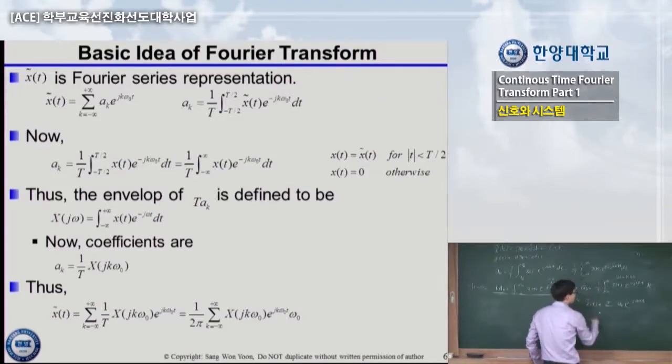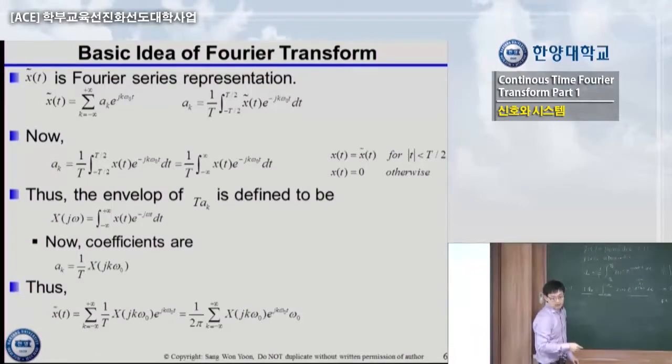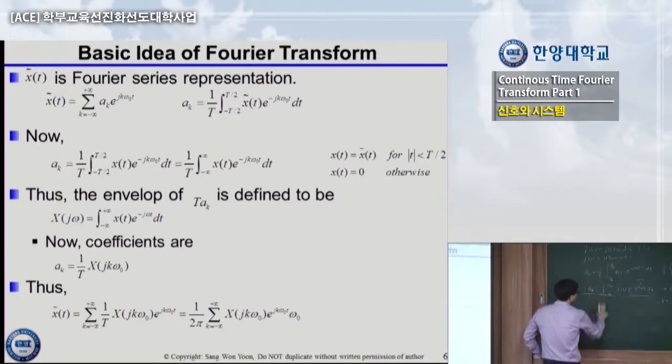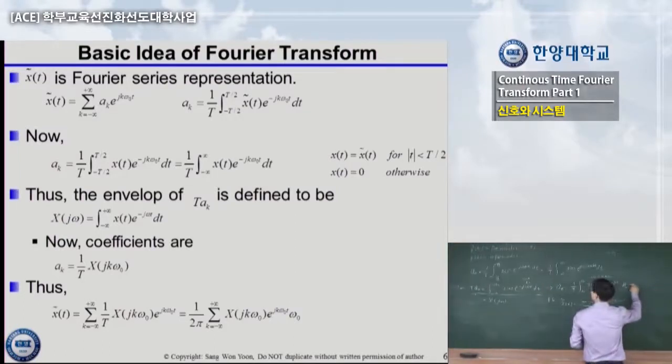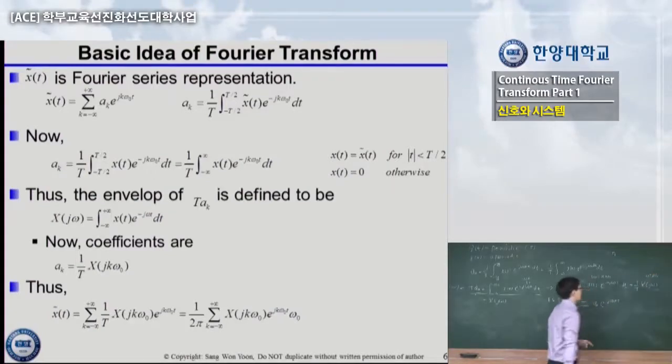And if you put this one, let's say, let's define this one to be, how do you define it? X. This whole thing to be X(jω), because there's omega in here, not omega 0. And a_k is what? a_k is 1 over T times X(jω) when ω equals kω0. That's x_T, is k.